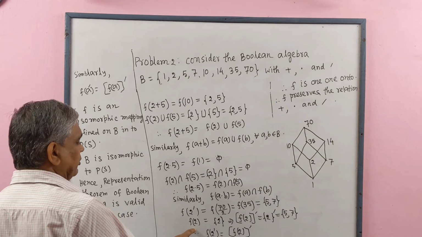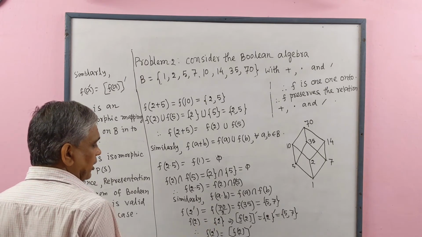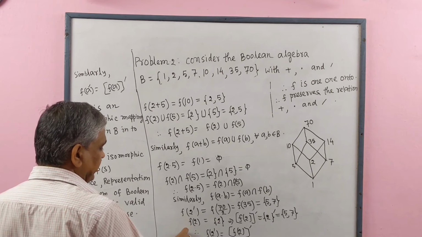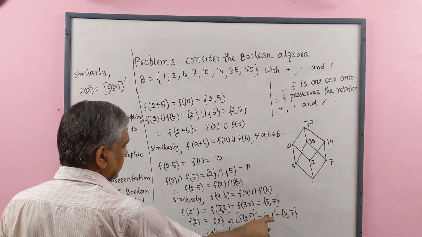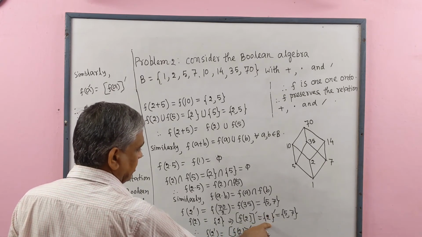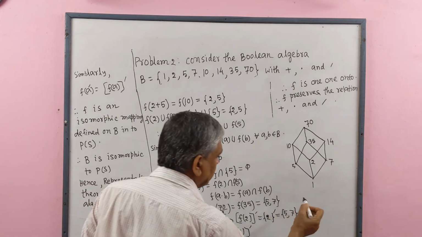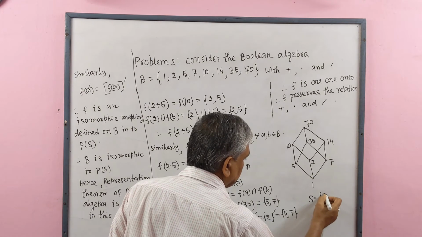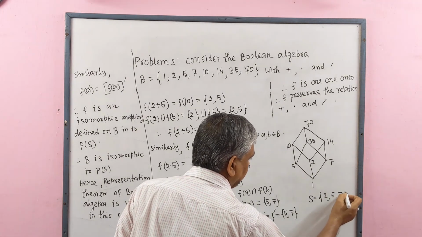Now F2 equal to a set containing element 2, and if we take the complement of both sides, the complement of the set containing element 2 is the set containing 5 and 7, since S equal to 2, 5 and 7.